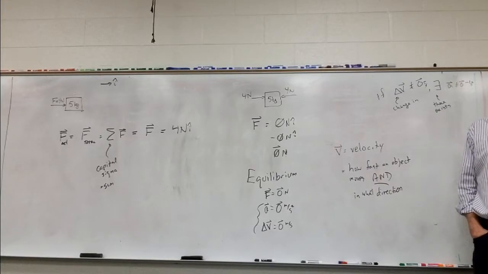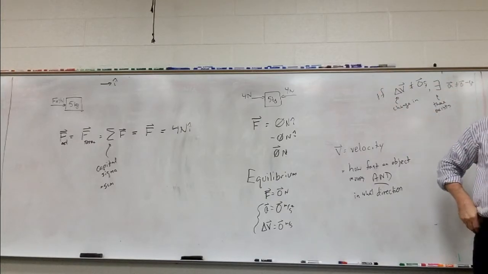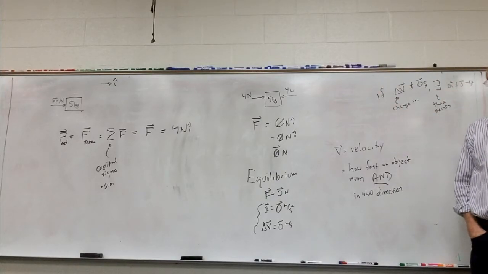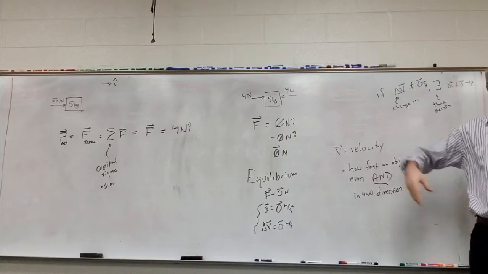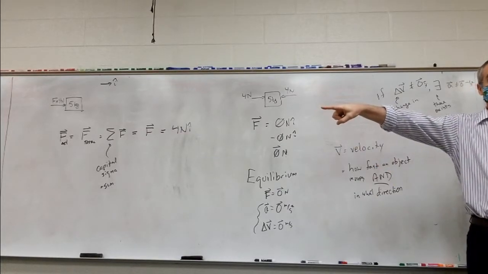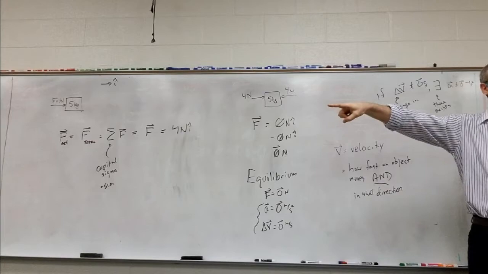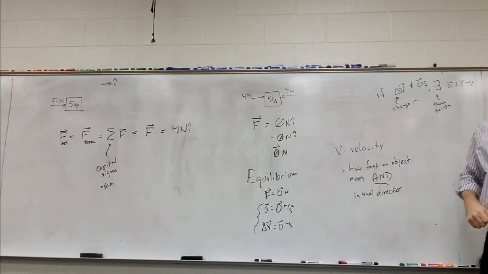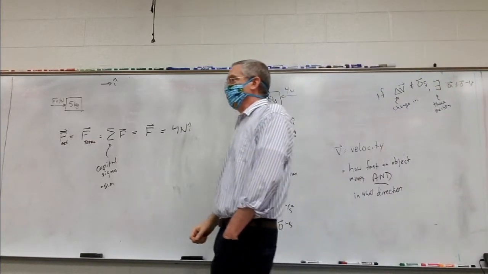Let's look at it a different way. How fast is Joanna moving right now? That's Joanna right there. I assume you can see her. How fast is she moving? She's not. She's not moving? What about now? How fast is she moving?